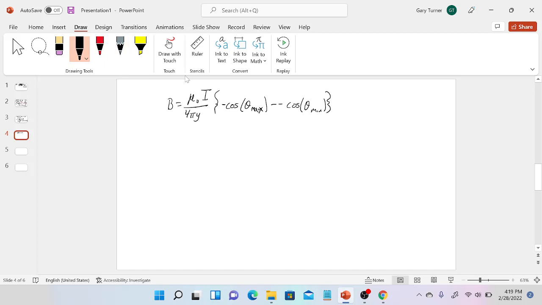Okay, so this is mu naught I over 4 pi y, and this is now cos theta min minus cos theta max.